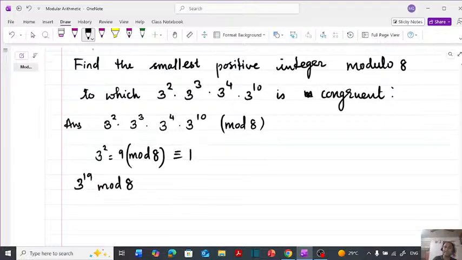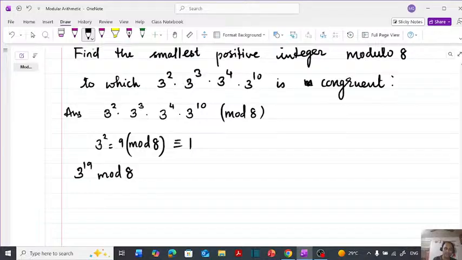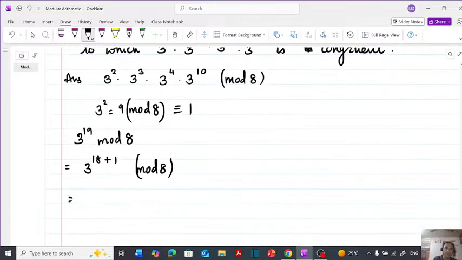So what I can do, I can write 3 raised to 19 as 3 raised to 18 plus 1 and mod 8. This can be further written as 3 raised to 18 into 3 mod 8.